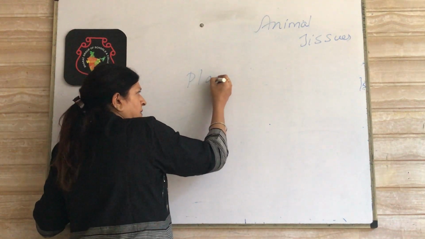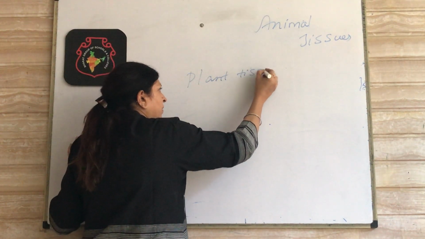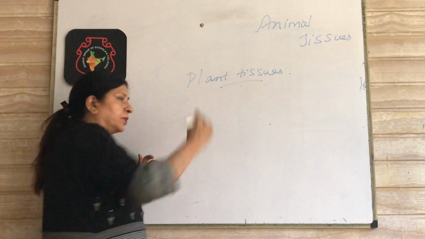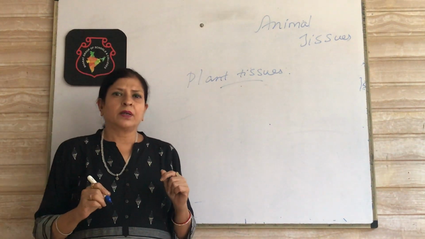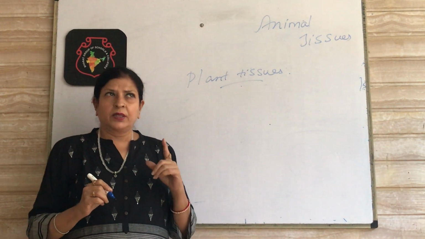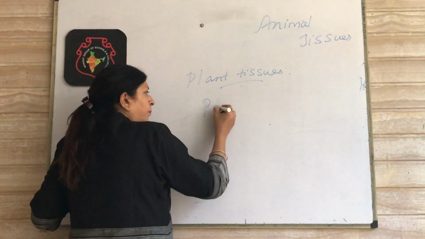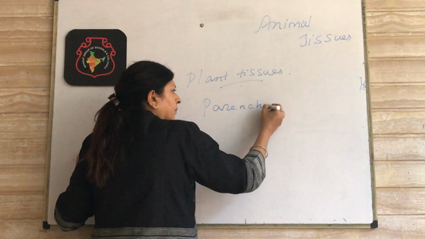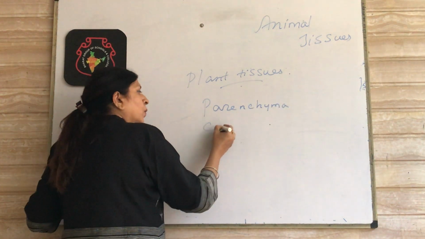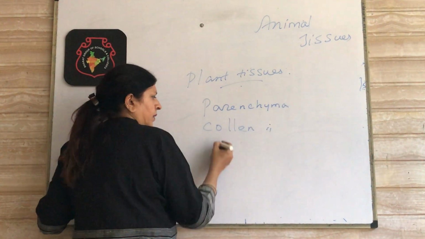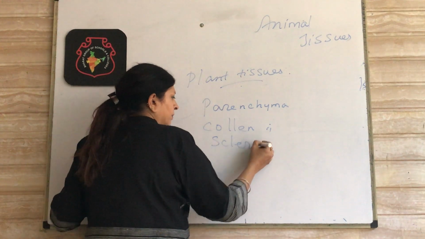In your lower classes, you would have heard of plant tissues, where you would have heard of tissues like parenchyma, collenchyma, sclerenchyma.